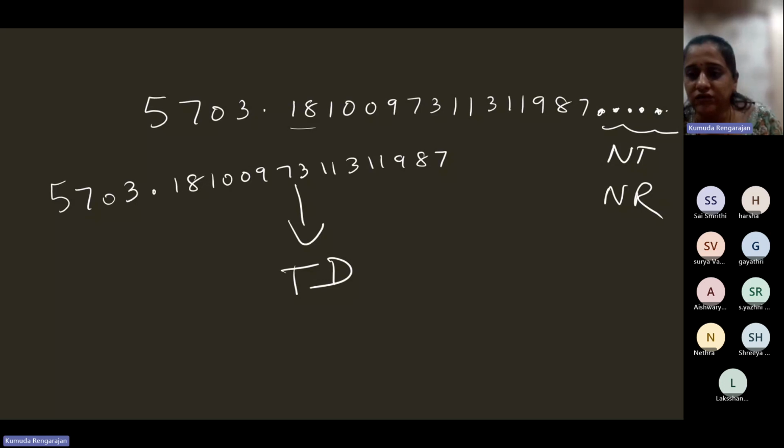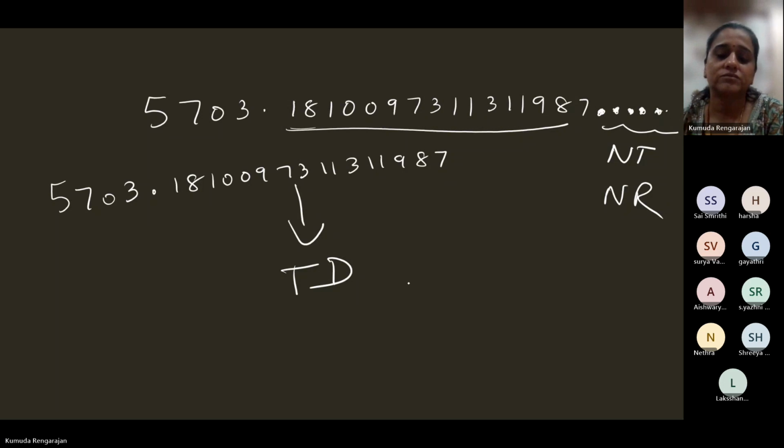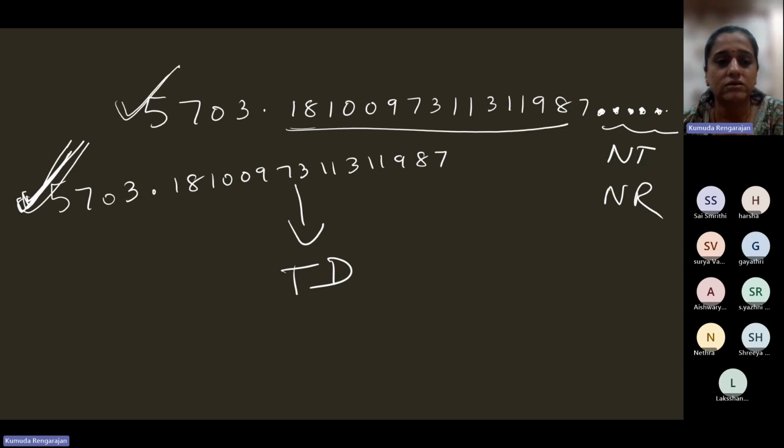But if these dots are placed after the digits in the decimal part, the decimal is non-terminating and non-repeating because there is no pattern in the decimal portion. This one is a terminating decimal. This one is a non-terminating, non-repeating decimal.